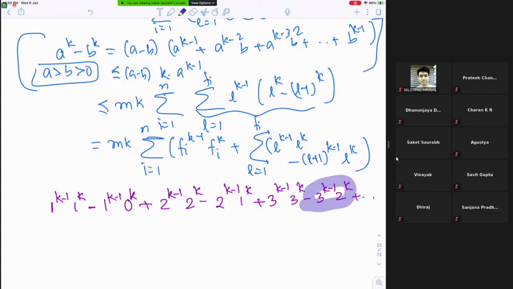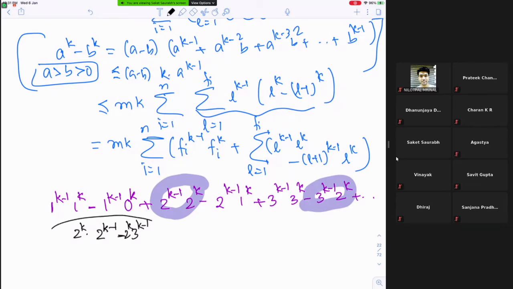This one, right? They have 2 power k common. If you club these things, what are you going to get? 2^k times (2^{k-1} minus 3^{k-1}).